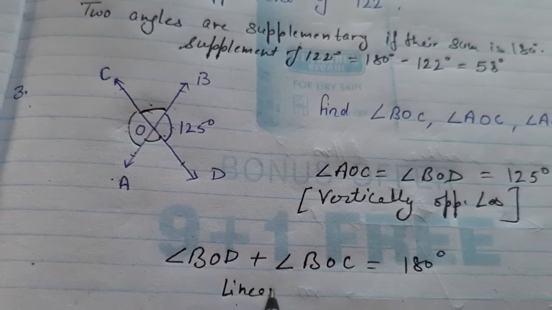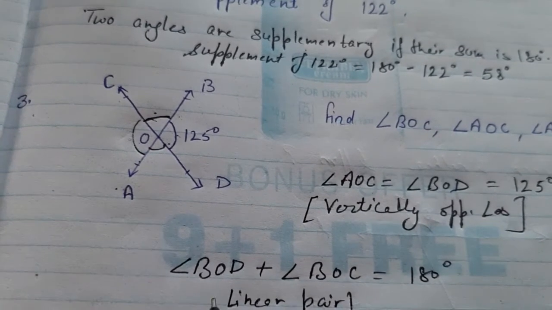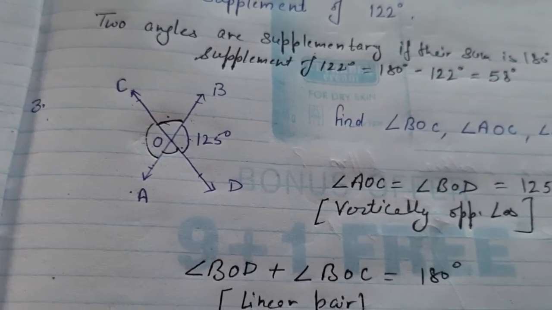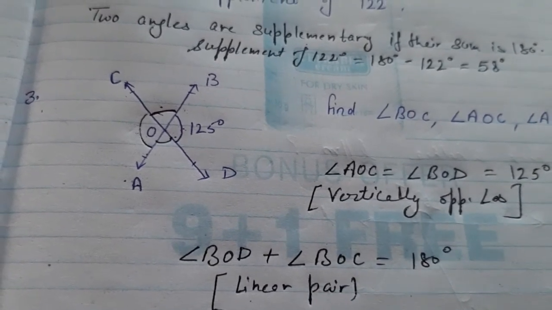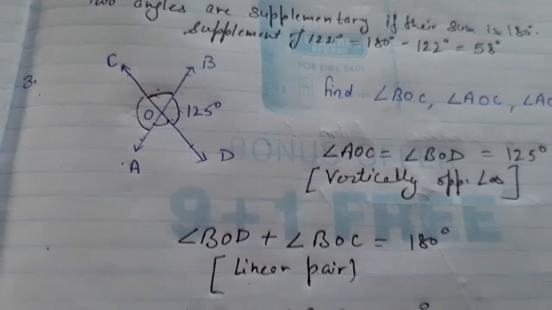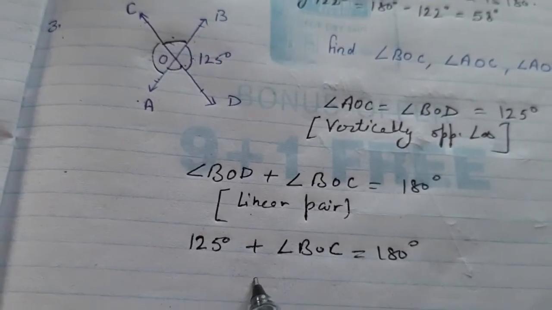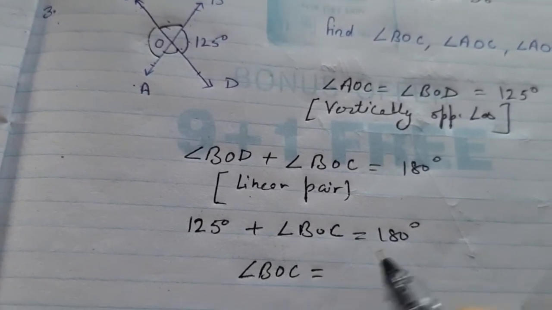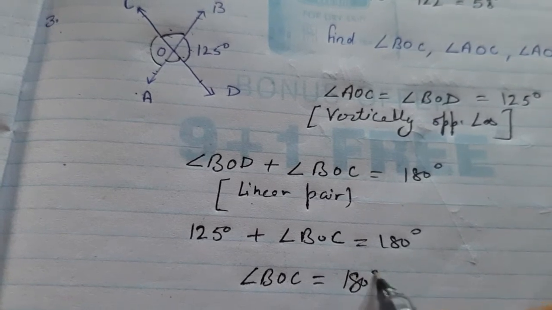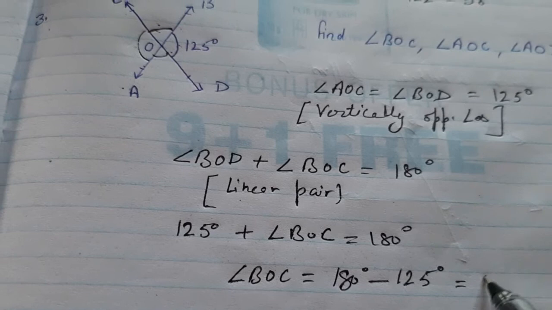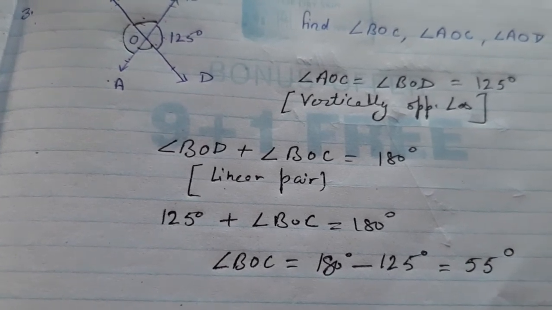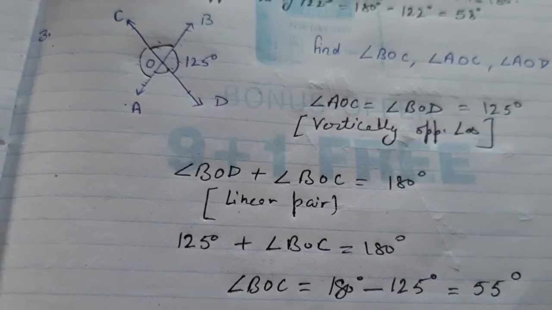The reason is linear pair. So we put the value: 125 degrees plus angle BOC is equal to 180 degrees. From here we find angle BOC by subtraction, 180 minus 125, so it comes out to be 55 degrees.